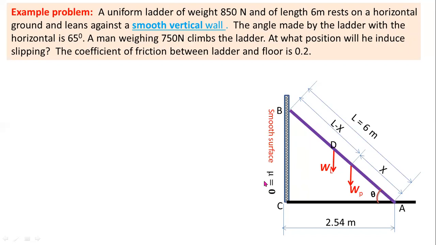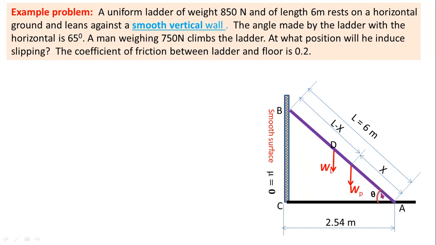That means the coefficient of friction equals 0, and also frictional force equals 0. Now here the angle of inclination of the ladder with respect to the floor is also given, that is theta equals 65 degrees with respect to the floor. The angle made by the ladder with the horizontal means the floor.